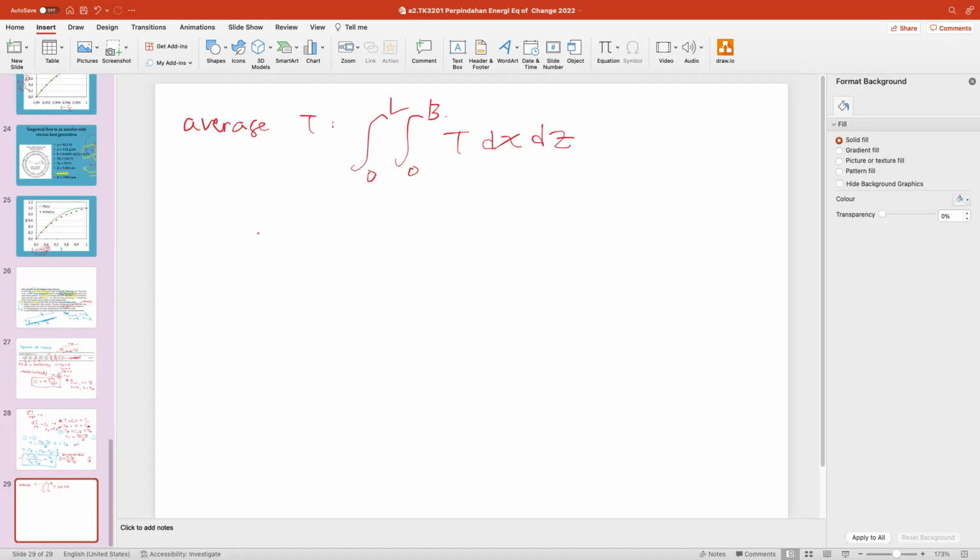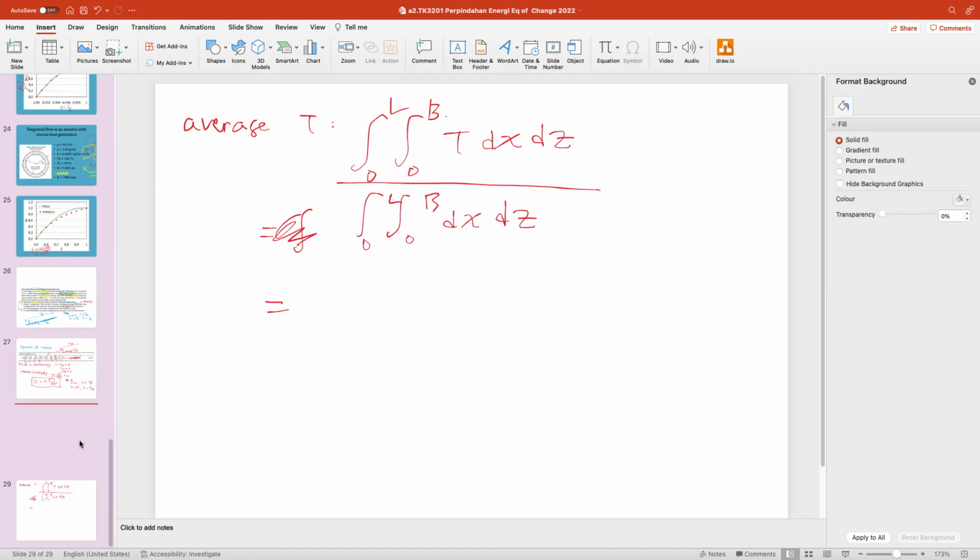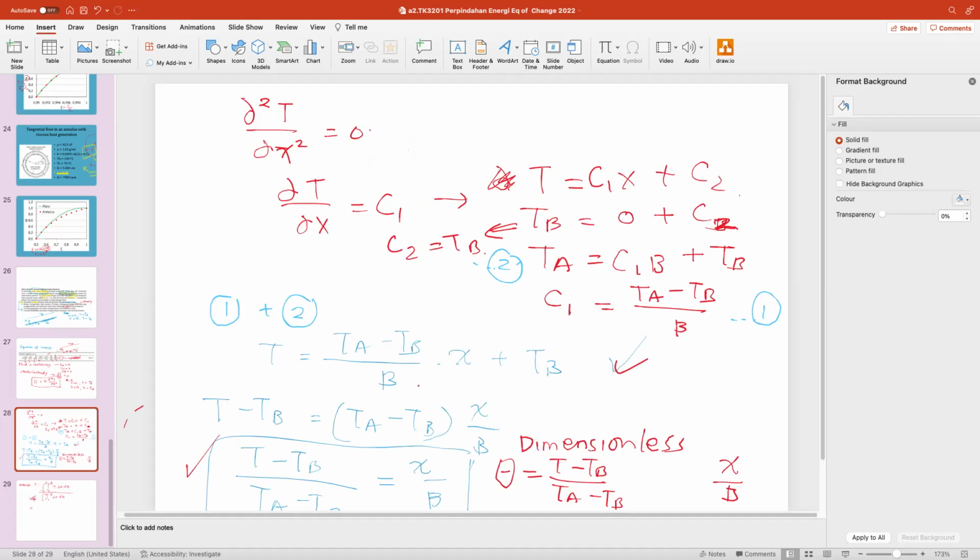Okay, and then you can substitute, and this is divided by again the integral from 0 to b of dx, and then 0 to L of dz. Okay, so then you can get the average temperature.